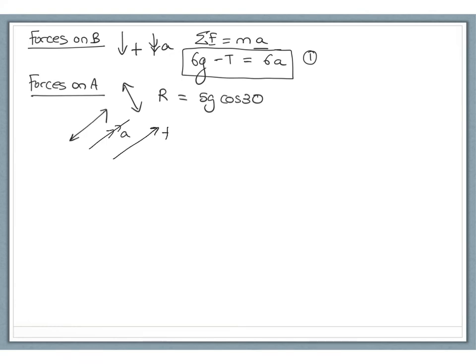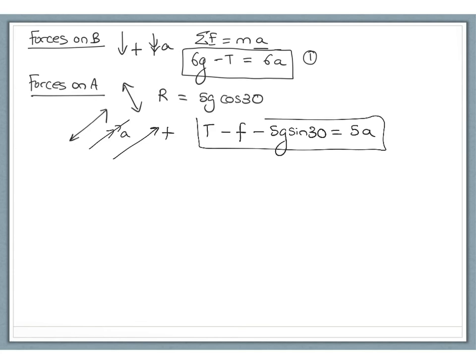Let's take up as positive, that's the direction it's moving in. And we have tension upwards, minus friction downwards, minus the component of the weight parallel to the slope, and that must equal the mass multiplied by the acceleration. We'll call this equation 2.